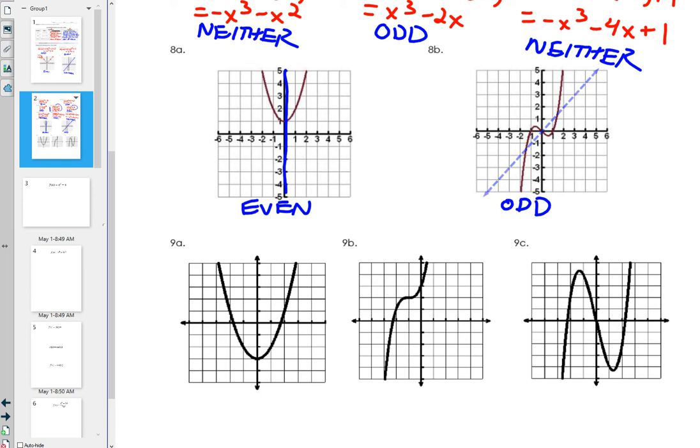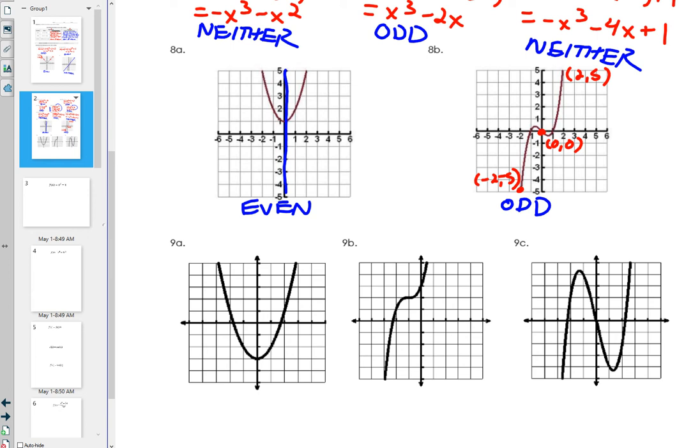So what I like to do is look for the points that are obvious. Like this is obviously passing through 0, 0. It looks pretty obvious that it's passing through -2, -5, and through 2, 5.